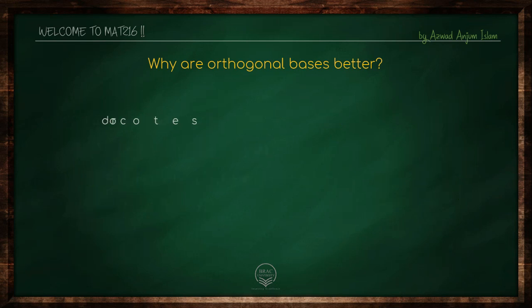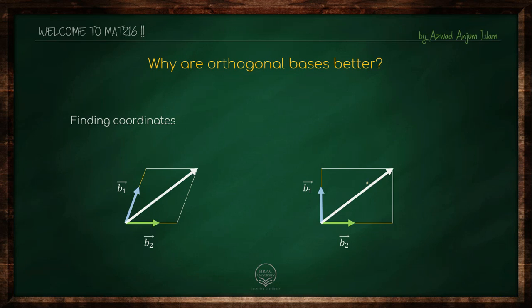Alright, so another example, finding coordinates. So let's say we have the vector here, the same vector I just drew 2 copies of it. We want to find the coordinate of this vector. Now, if our basis is 90 degree, that is orthogonal, as you can see, the coordinates are going to be this and this, right?